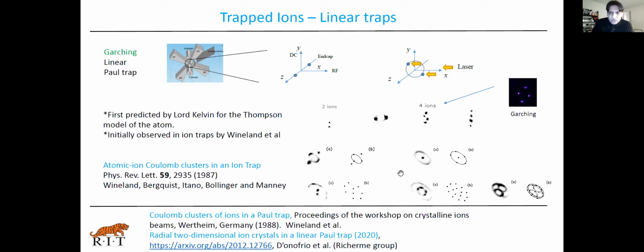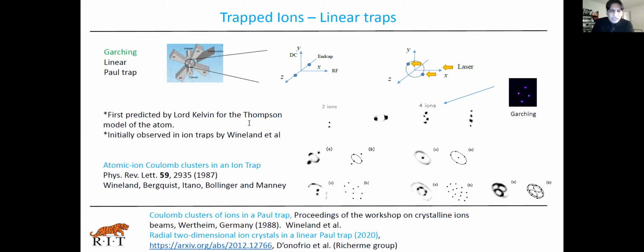Okay, so there's a whole zoo of rotation animals already contained in the linear Paul trap, which we thought was interesting and worth exploring. Actually, these configurations were first predicted by Lord Kelvin for Thomson's plum pudding model of the atom.